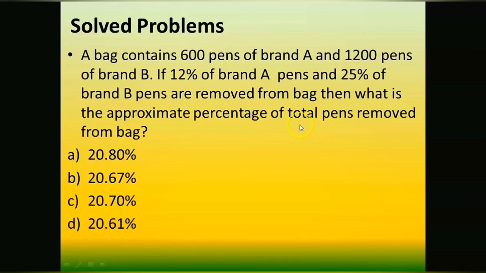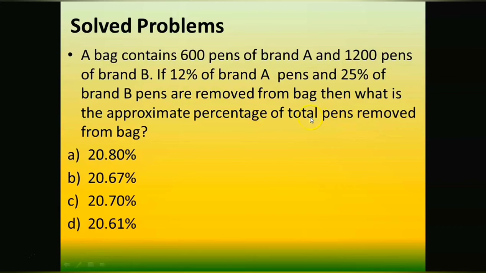Okay, so students, in order to calculate the percentage of marks scored, what do we do? We take the formula marks scored divided by total marks, that means out of how many marks the paper was answered, into 100. That gives us the percentage of total marks scored. Here we want to find out the percentage of total pens removed.